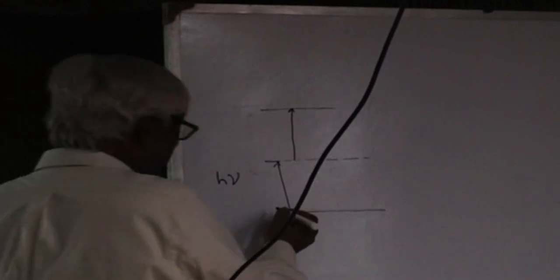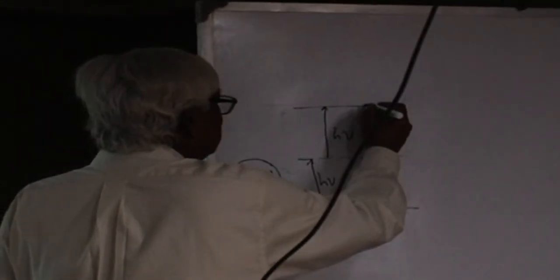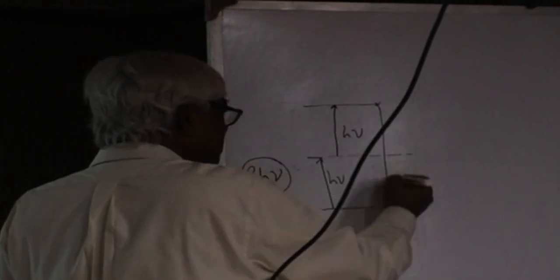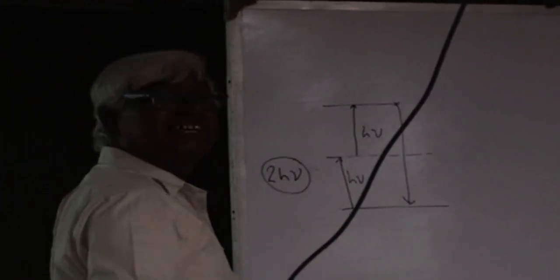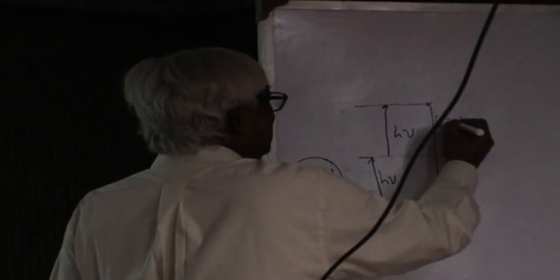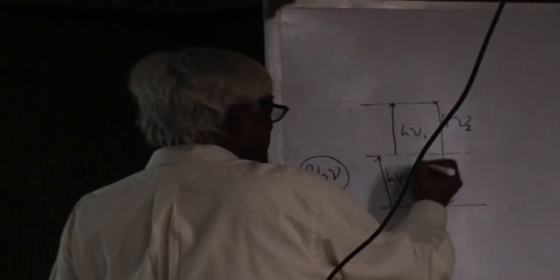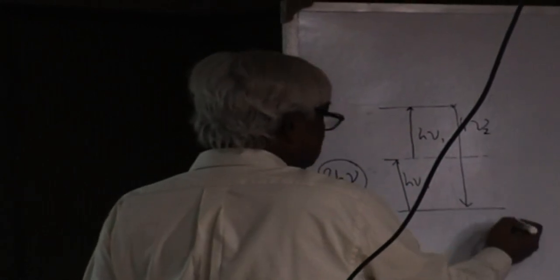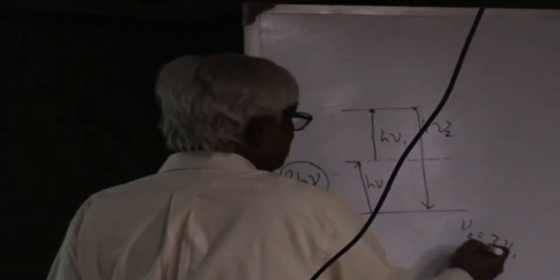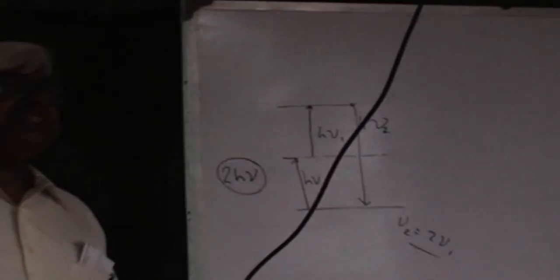This is a non-existent state, the virtual state. By absorbing two h nu, one h nu here, another here, it goes to this state. And when it comes back to this, it is h nu 2 equal to twice h nu 1, just for conservation of energy. This experiment has been done, and this is known as second harmonic generation.